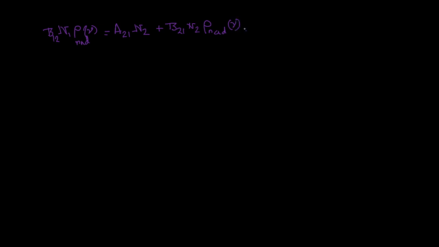Now the expression of the radiation density becomes A21 divided by (B12 N1 minus B21 N2).